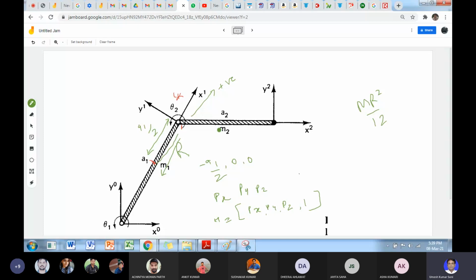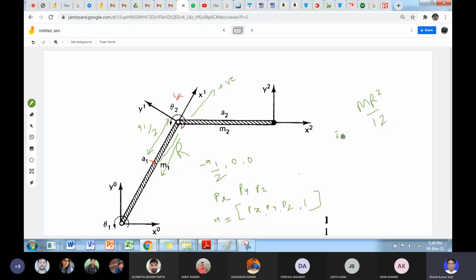Okay, so if you see, there is a moment of inertia along the z axis, and there is also inertia along the y axis, but there is no inertia along the x axis because the direction of the link is itself in the x direction.